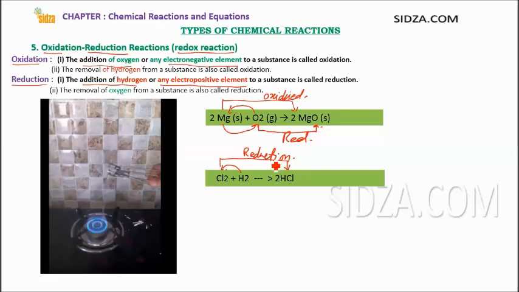Addition of hydrogen or addition of any electropositive element, right? And what about the hydrogen? Chlorine, which is an electronegative element, adds to the hydrogen. Therefore hydrogen is oxidized.